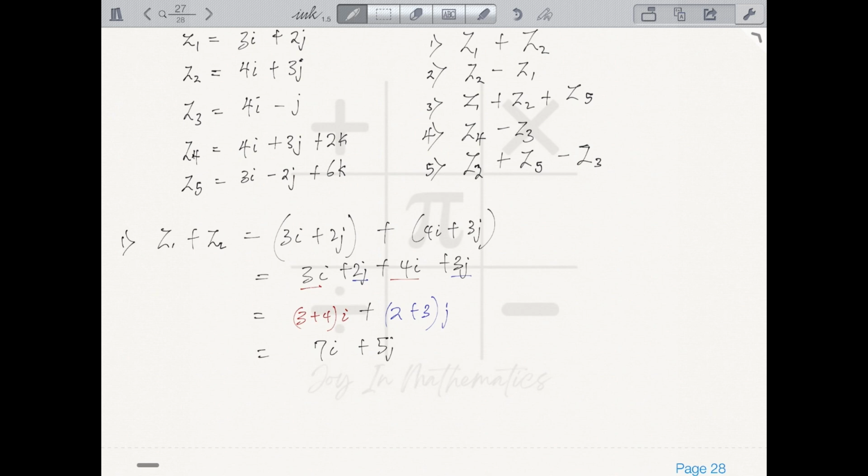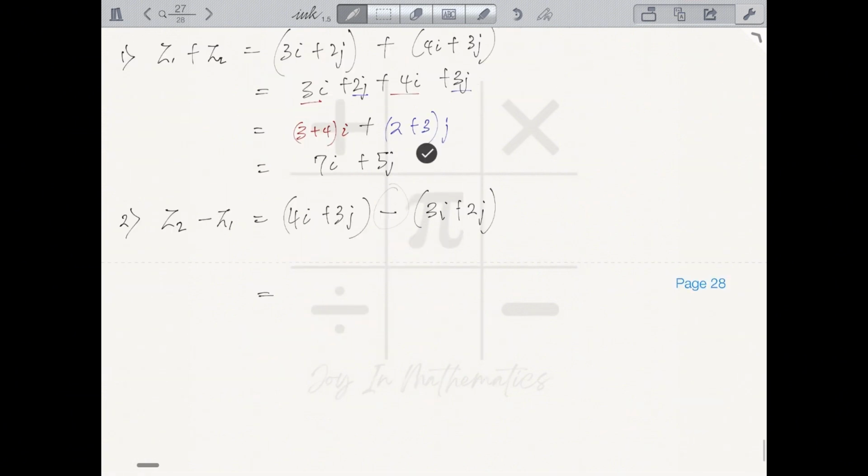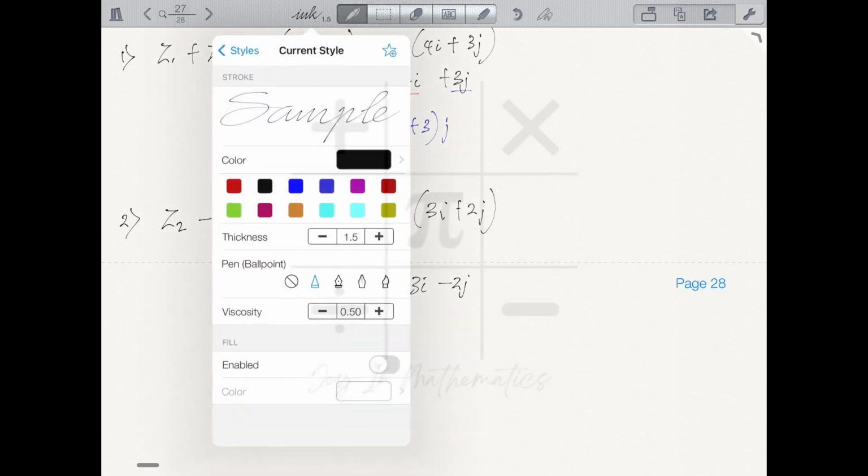Let's proceed. Question number 2: z2 minus z1. z2 is 4i plus 3j, and z1 is 3i plus 2j. Now we open up the brackets with the negative here, so that will give us 4i plus 3j minus 3i minus 2j. We proceed and collect like terms.